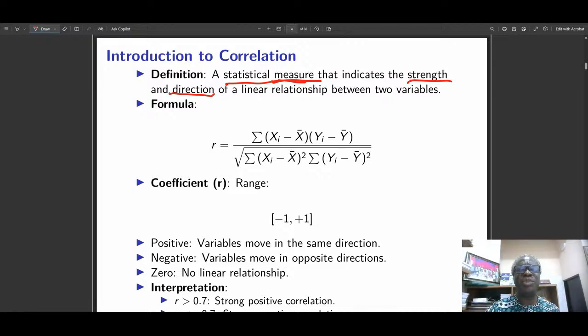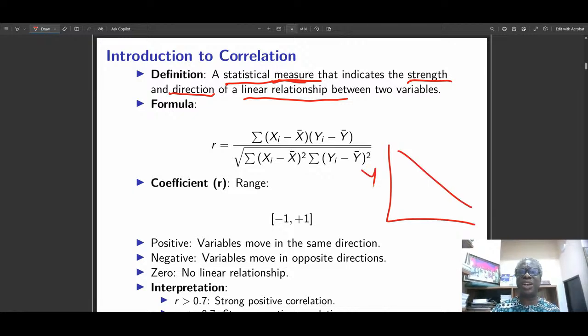But what type of relationship are we interested in? Linear relationship. So it is very important to know that correlation is about linear relationship. So if you have y, you have x, the relationship may not always be linear. A relationship like this one is not linear.